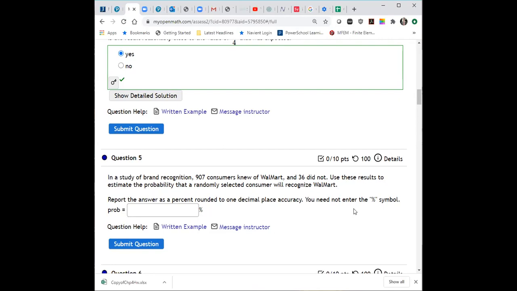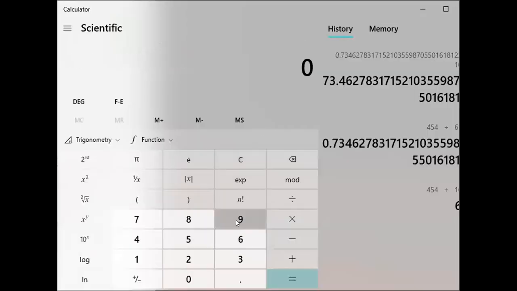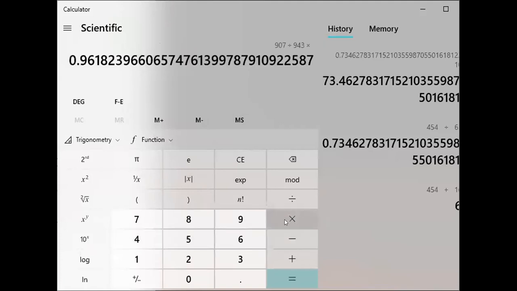So yeah, this is the same thing, right? So you need to add these two. If you add 907 with 36, you got 943, right? So the total is 943. So in your calculator, you can put 907 divided by 943 and multiply by 100%.